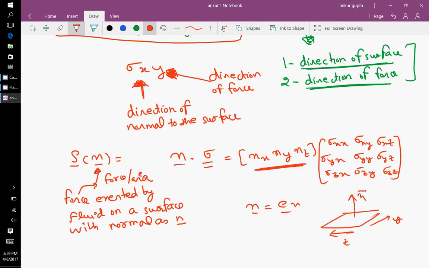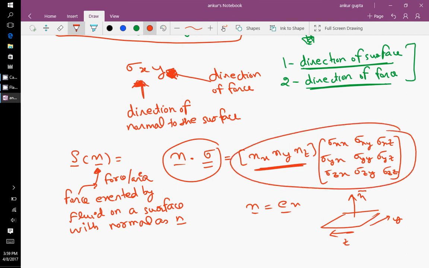In the lecture, we went through each step and calculated this tensor. So this will now become a vector from a tensor. We calculated the entire vector, and we discussed how we can do it for a general surface. You can imagine for something like n equal to ex, this will become 1 0 0. So we will have three directions of the force.